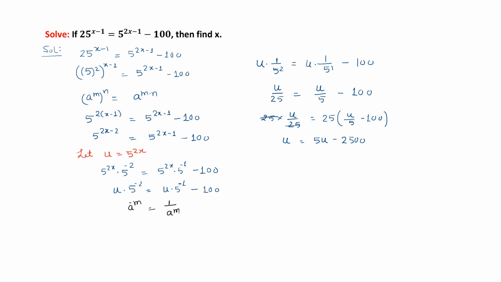On simplification we will get 4 times u is equal to 2500. So we can write u is equal to 625.